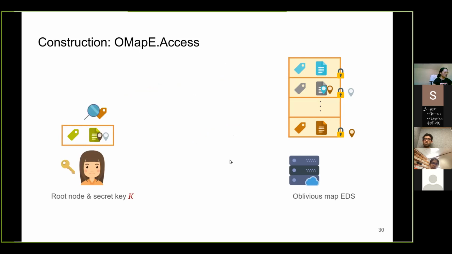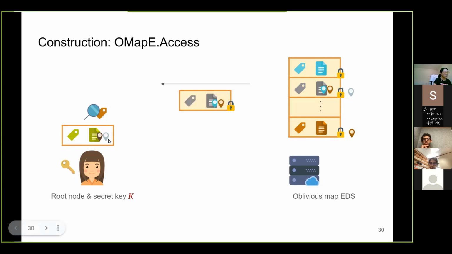And for the OMAP E-access, if we write it as an interaction between the server and the client, it works as follows. The client will keep her secret key and the root node of the OMAP data structure. It will send the silver tag to the server because it will find the brown tag is larger and go to the right path.